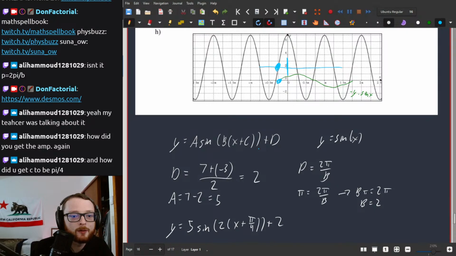So this starting point matched up with this starting point here. But again, that vertical shift is definitely weird.